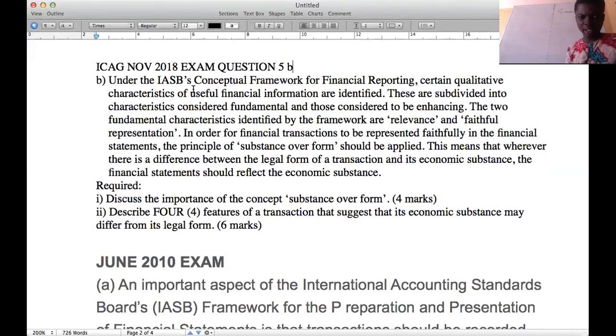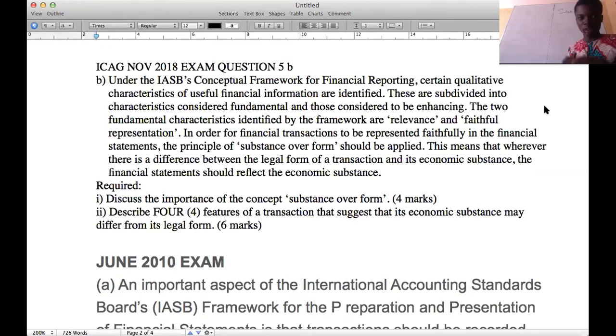Under the IASB conceptual framework for financial reporting, so let me start again. Under the IASB conceptual framework for financial reporting, certain qualitative characteristics of useful financial information are identified. These are subdivided into characteristics considered to be fundamental and those considered to be what?